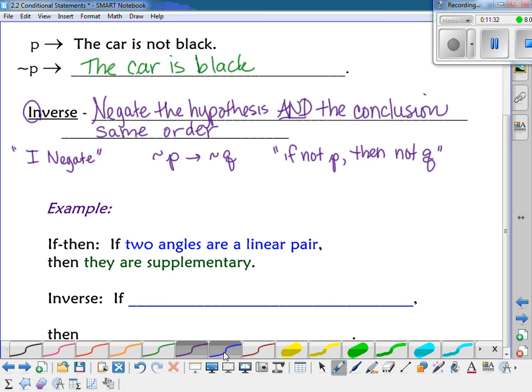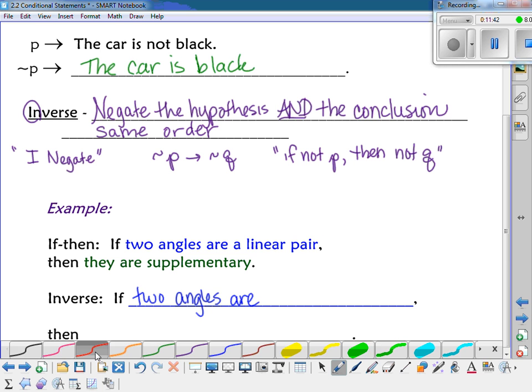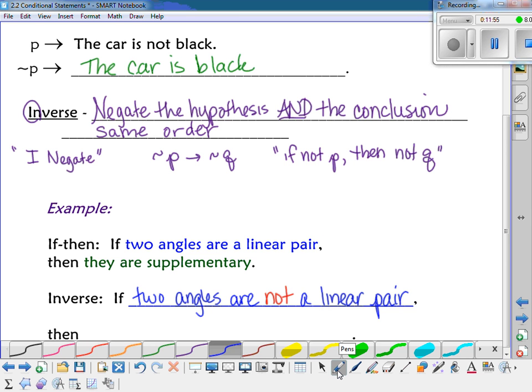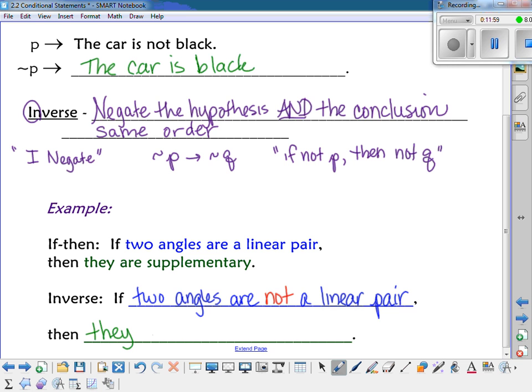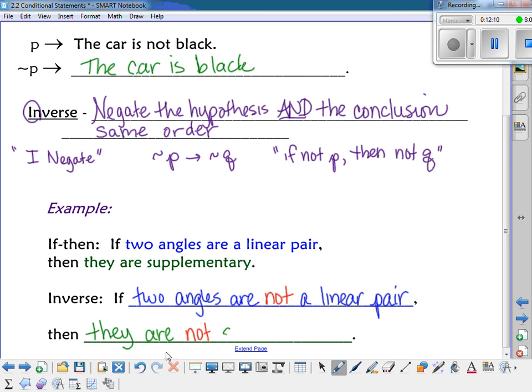So to negate that, I would say if two angles are not a linear pair, then they are not supplementary.